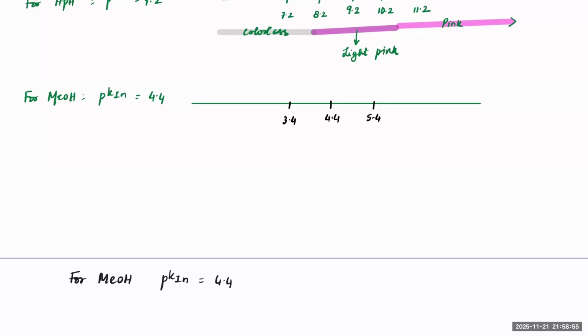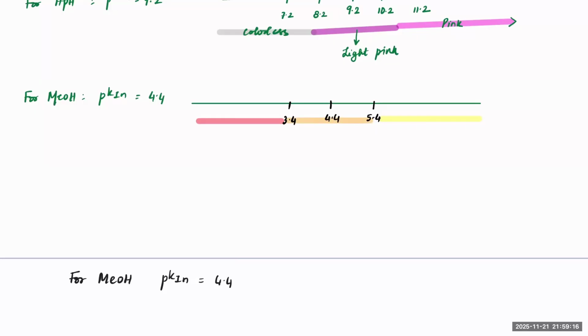So in such a case, at 3.4 and below, here you will see red color, while at 5.4 and above, you will see yellow color, and in between, you will notice the orange color.